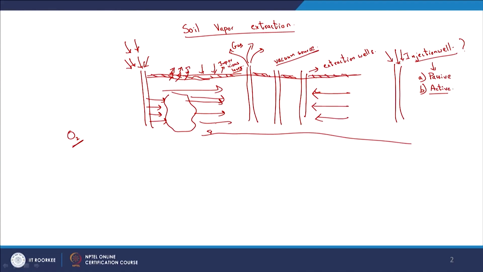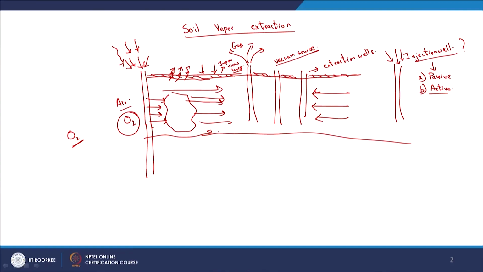While you carry out this soil vapor extraction, what do you see happening here? You are introducing air into the system, so I am also introducing oxygen into the system. Based upon where you are pumping this air in, either into the aquifer or just at the top of the aquifer: if it is above the top, you will have some oxygen transfer into the water, based on phase change.